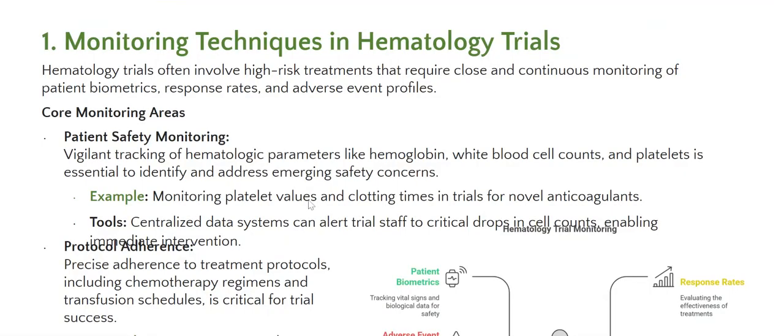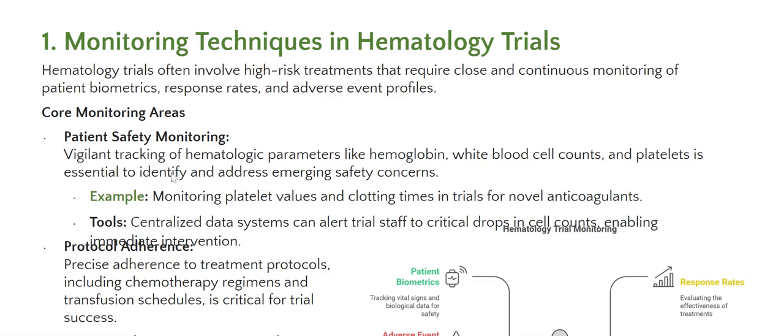The key points for the topic will start with the monitoring techniques in hematology trials. Hematology trials often involve high-risk treatments that require close and continuous monitoring of patient biometrics, response rates, and adverse event profiles. The core monitoring areas, in no particular order, will start with patient safety monitoring.